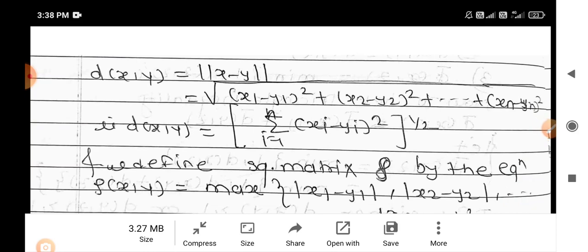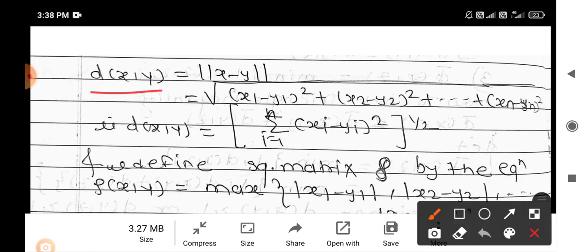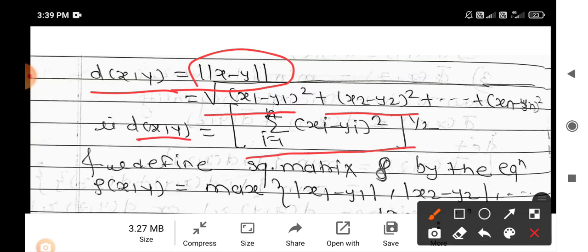In that Euclidean metric D, D of xy in Rn is defined as the norm of x minus y. So it is the square root of (x1 minus y1) square plus (x2 minus y2) square plus up to (xn minus yn) square. So D of xy is the summation of i runs from 1 to n of (xi minus yi) square, raised to half.